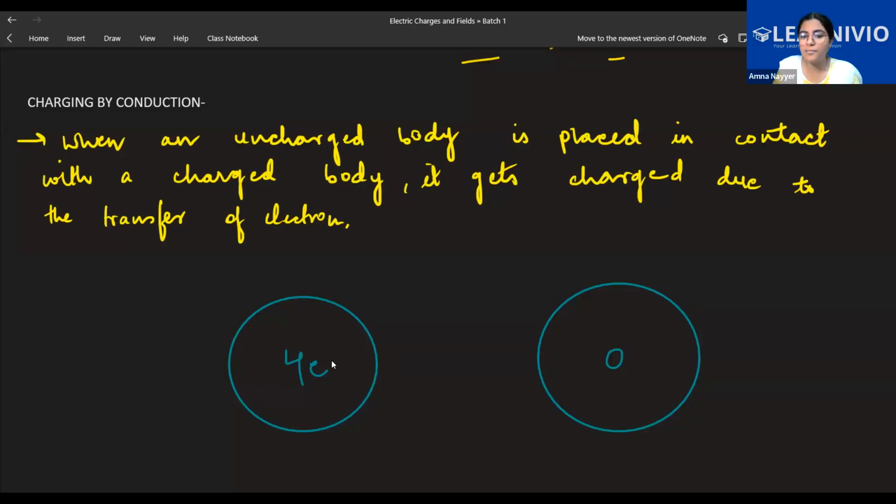For example, this is +4e, this is 0. So what's the total charge? 4e plus 0 equals 4e. Now this total charge has to be distributed amongst two, so that will be 4e by 2, which is equal to 2e. So after conduction, this will receive +2e and this will receive +2e.